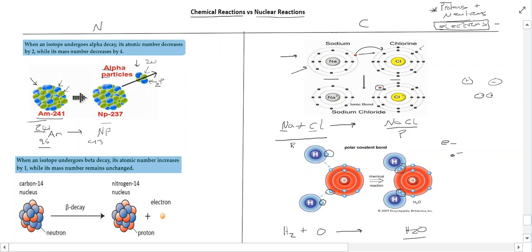And this number, 241, reduces by 4, so we end up with 237 as its mass number. Now, that represents this here. We're just writing it in chemical notation.